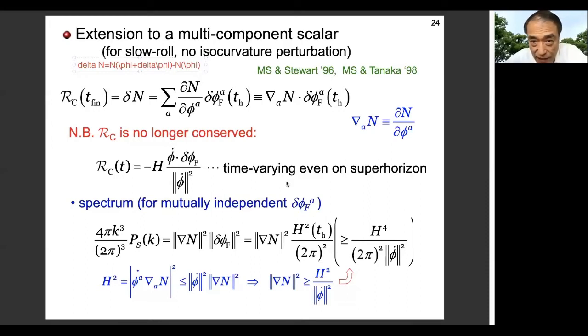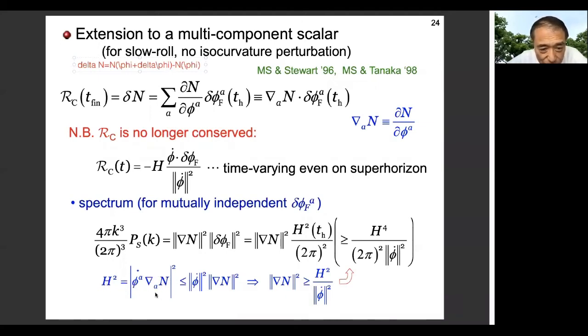Then you compute this and you find this, and you can have some inequality, because the Hubble square is, going back to the definition of n, Hubble is given by dn/dphi times phi dot.